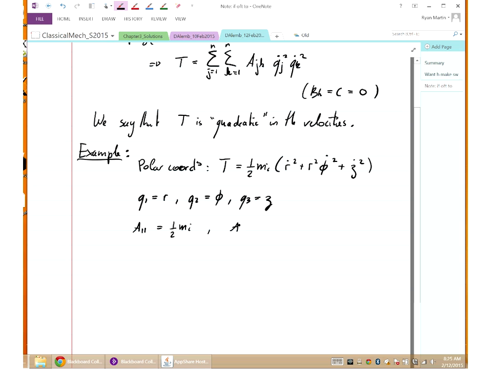Then, again, we only have terms where j equals k. There's no r dot, phi dot. So A22 is a half mi r squared, and A33 is a half mi. So this is quadratic in the velocity.